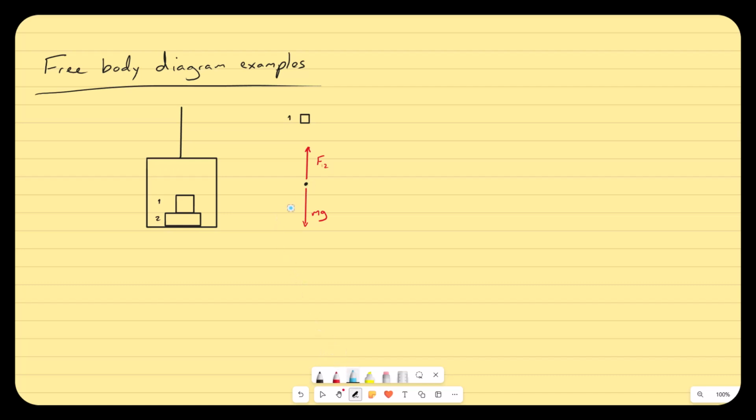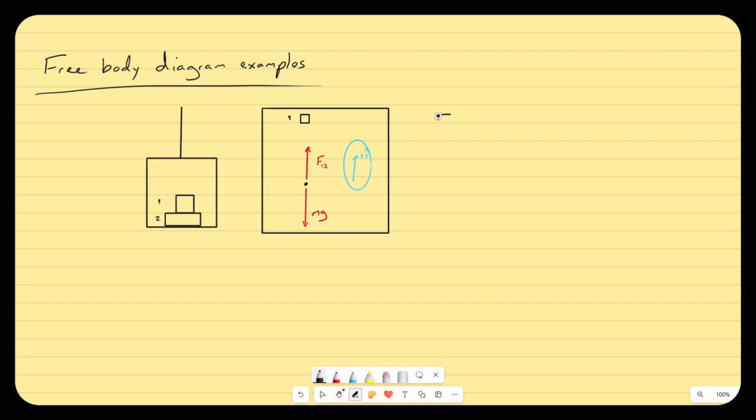That's really it. It's not sitting on the ground, so it can't get a normal force from the ground. It's just got that kind of contact force in between. I'm going to say, let's have up be my positive y-axis. And there's my free body diagram.